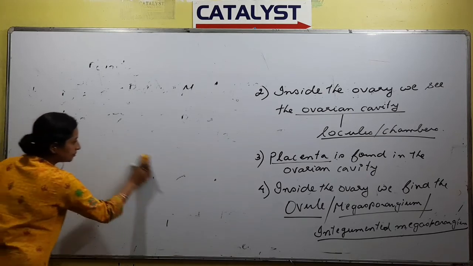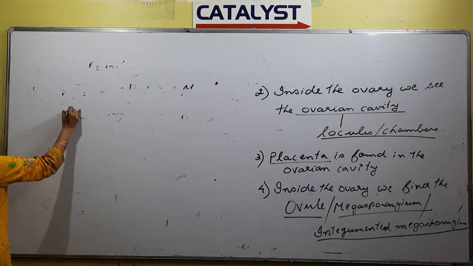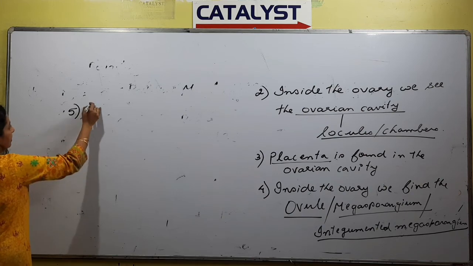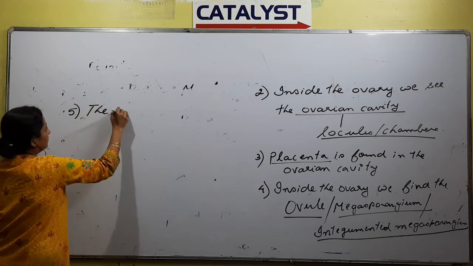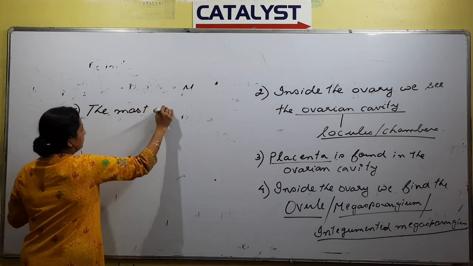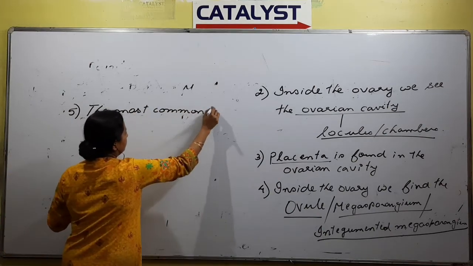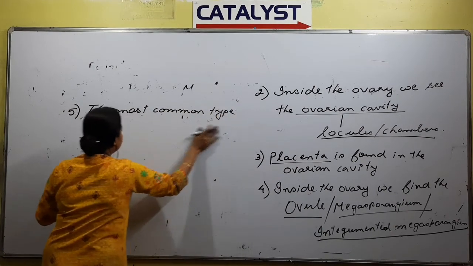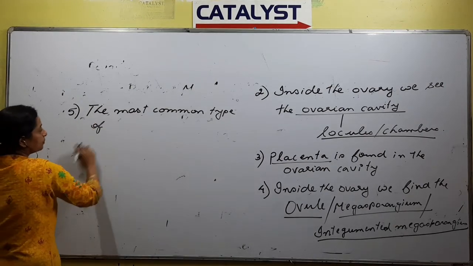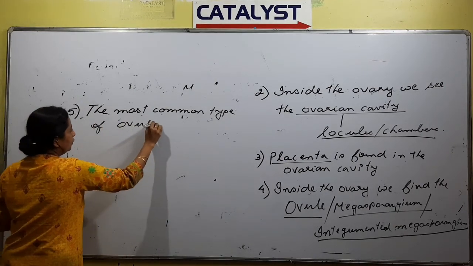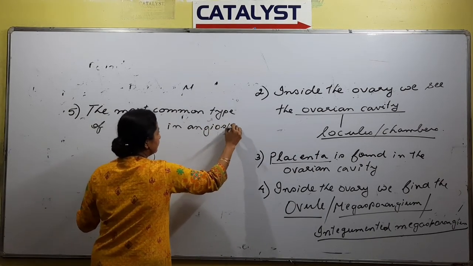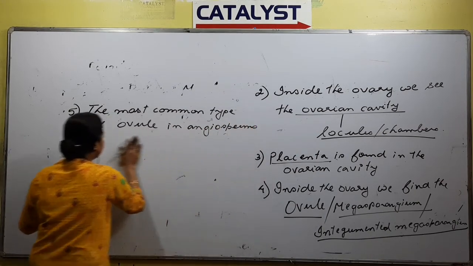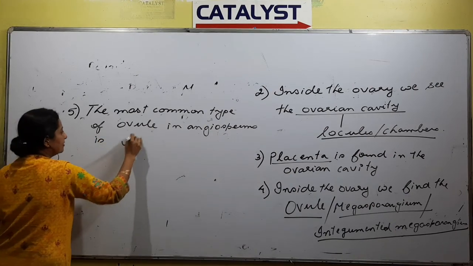The next point is that the most common type of ovule in angiosperms is the anatropous ovule.